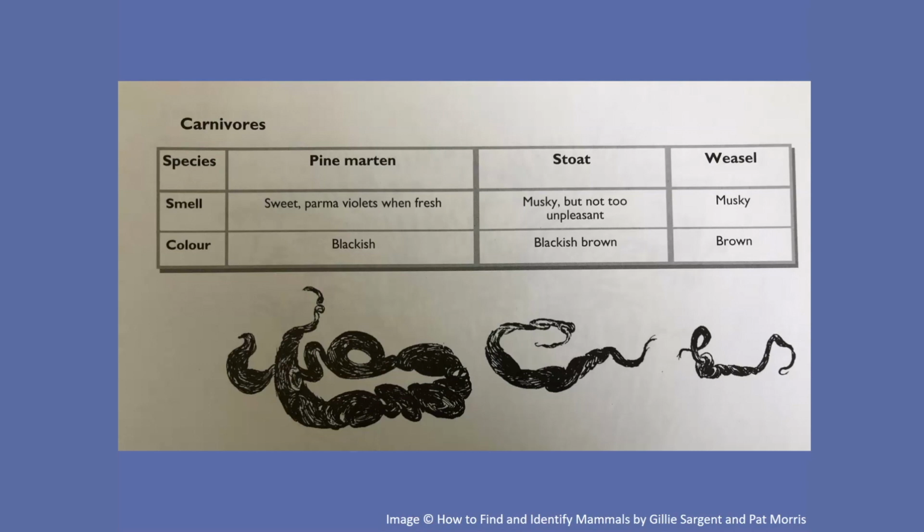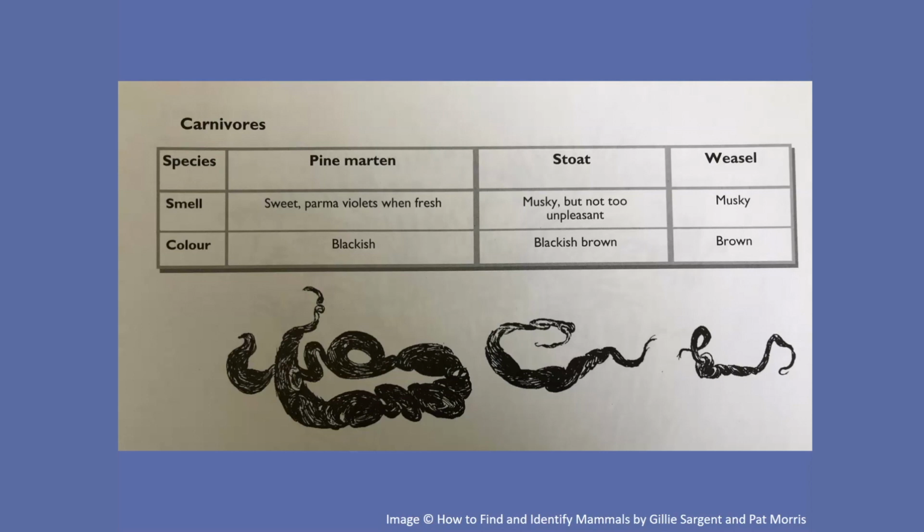With our carnivores, they're very, very twisty in shape, and they're not necessarily that easy to distinguish between each other. Again, think about where you are, what species you've got present. Stoats and weasels are very different in size, so their droppings will obviously mirror that as well.